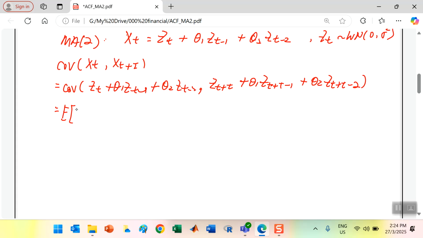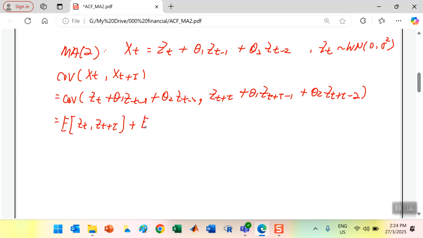First is E of Zt and Z(t+tau). The second term is E of Zt times theta 1 Z(t+tau-1).